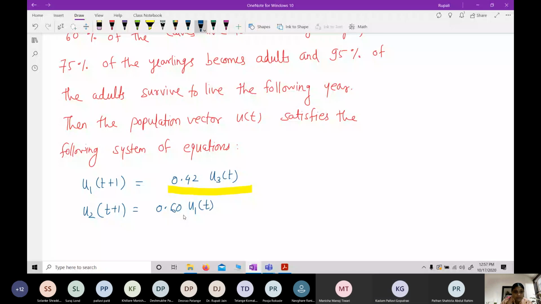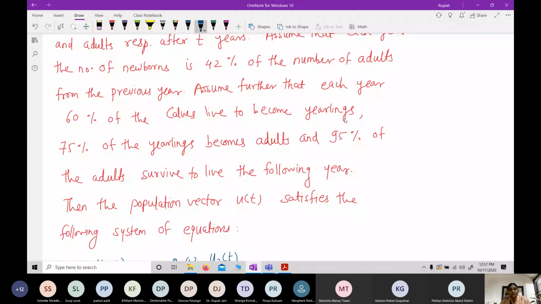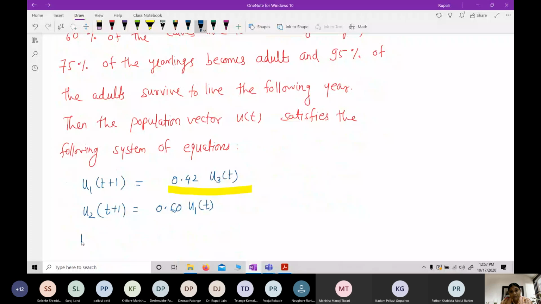And what is the last one? Each year yearlings, and 75% of the yearlings become adults. आता adults किती राहतील बघा. Adults means next year ला adults किती राहतील? u3 at t+1 will be 75% of the yearlings. 75% of the yearlings म्हणजे 0.75 into yearlings we are denoting by u2t.